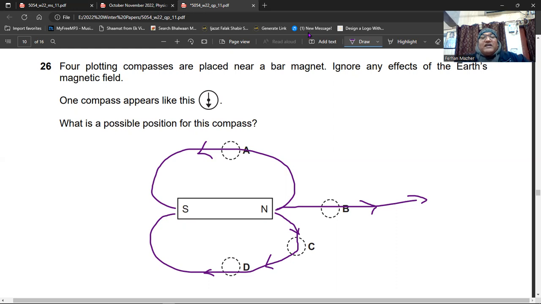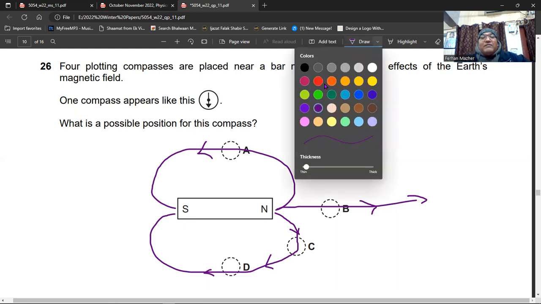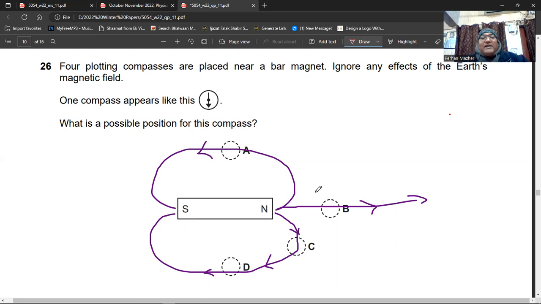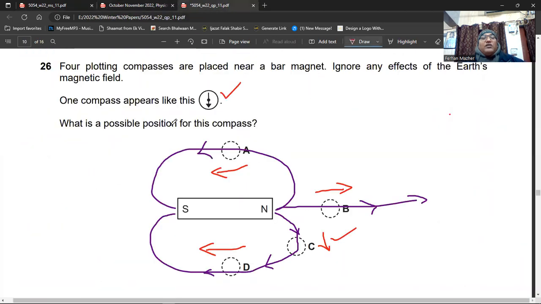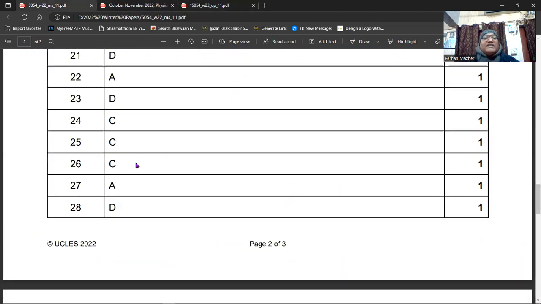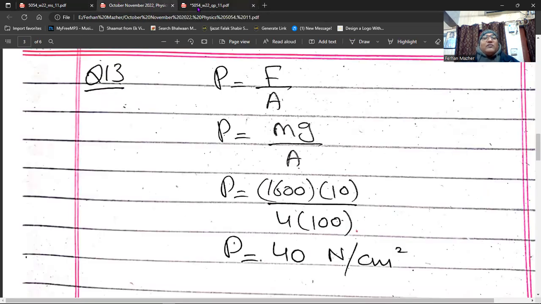If I put the compass here, my pointer will be pointing in this way. He asks, where is this direction? It is on C. C is the right option. Question number 26, C is the right option, sir.